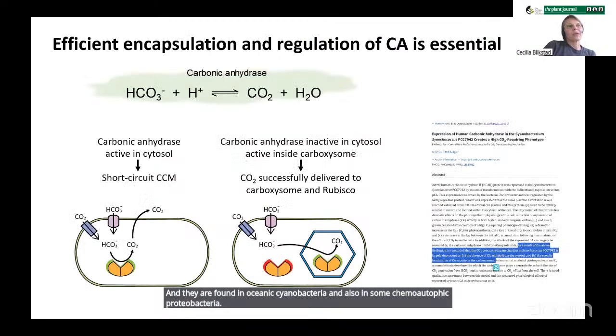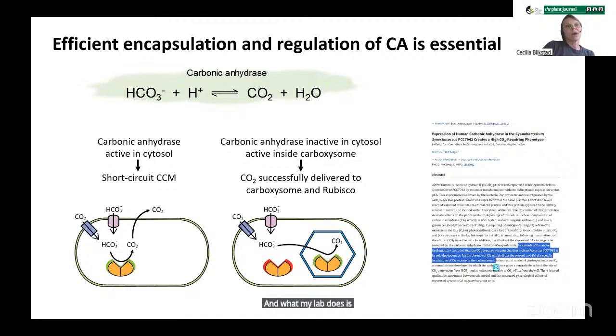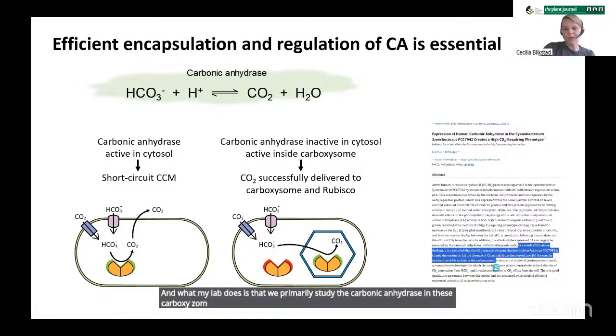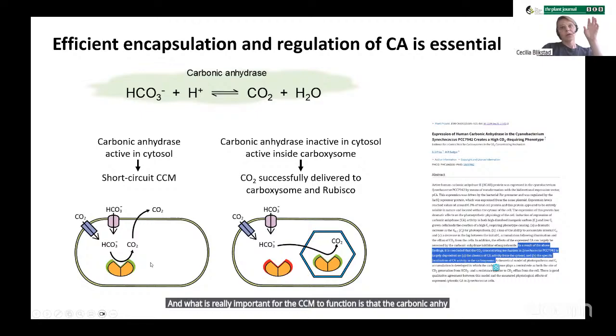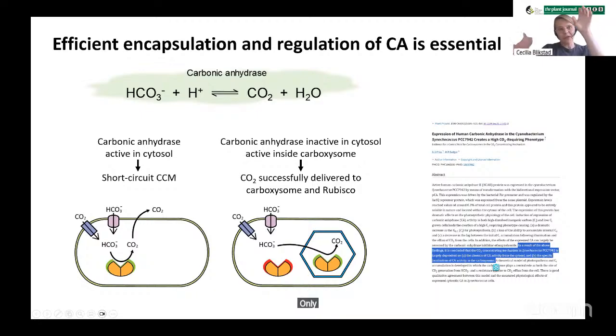What my lab does is that we primarily study the carbonic anhydrase in these carboxysomes. What is really important for the CCM to function is that the carbonic anhydrase is only active in the carboxysome and not in the cytosol of the cell.